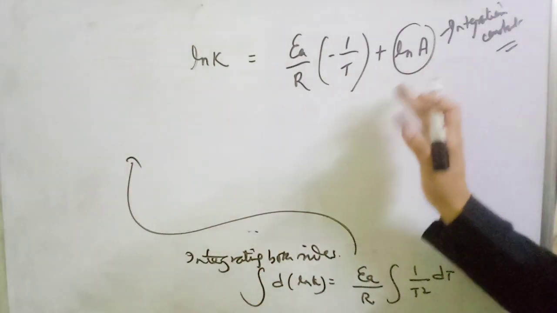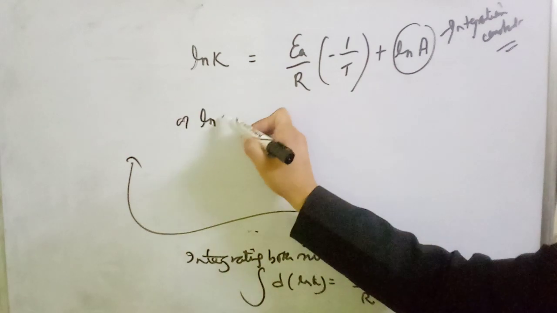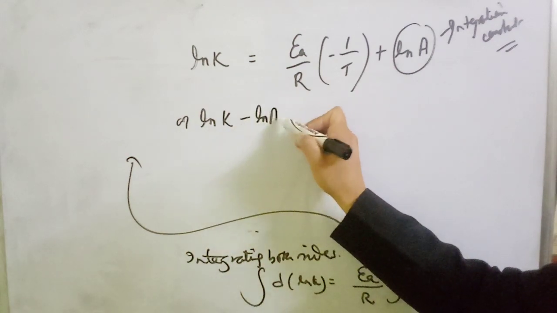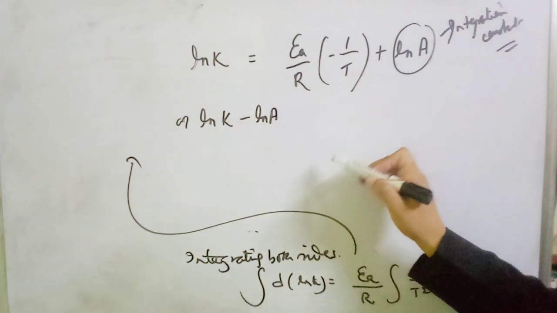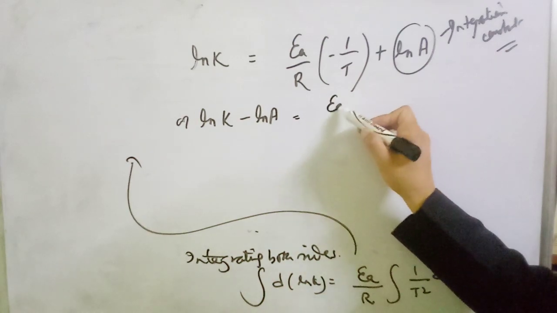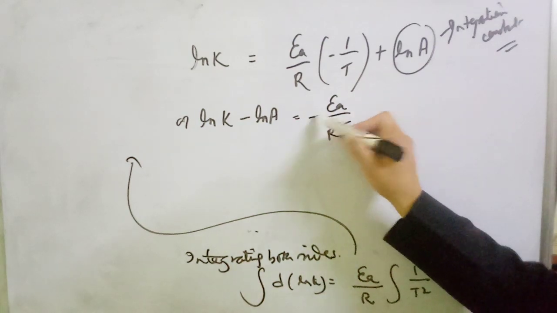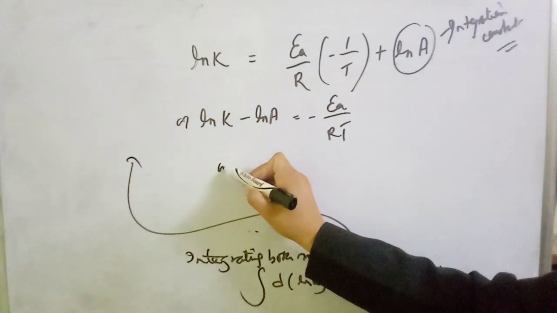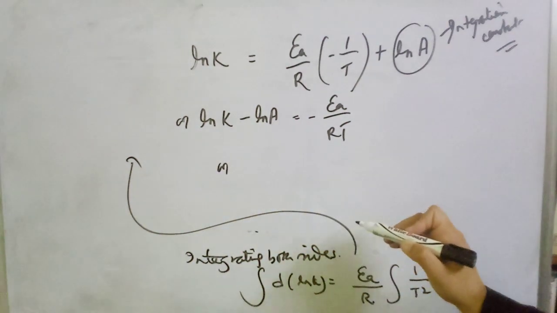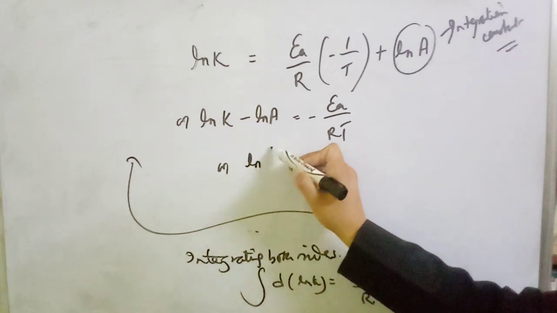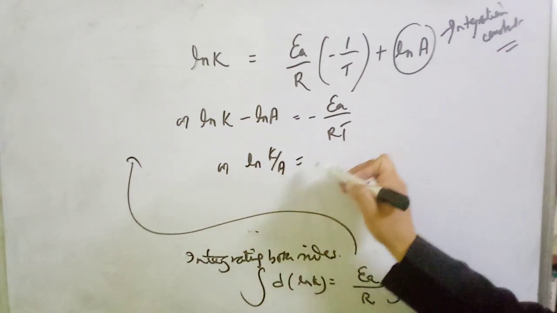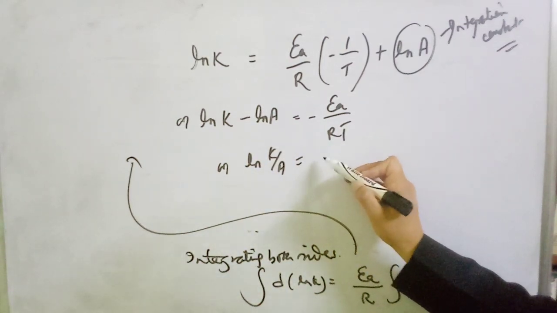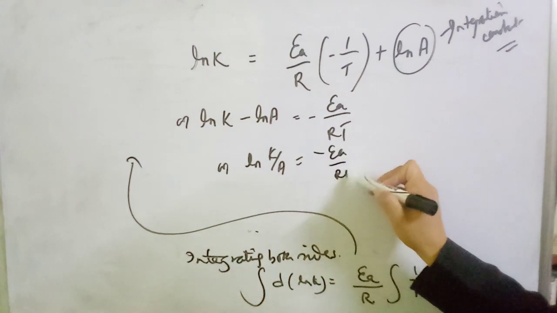If we rearrange this, then we get ln k minus ln A equals EA upon RT minus EA upon RT. So let us rearrange this: ln k upon A equals minus EA upon RT.